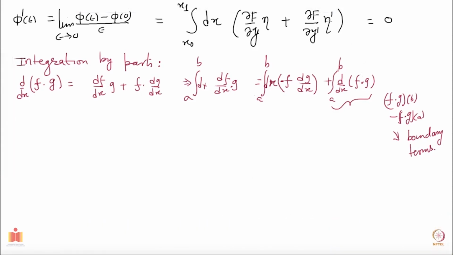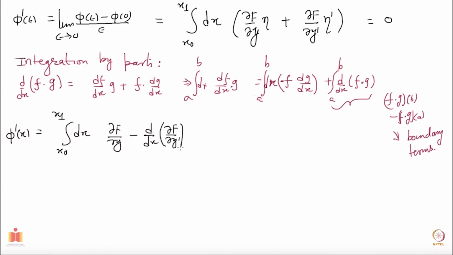So what I can do is I can put the derivative from eta to this one. So there will be a d over dx sitting on this, and eta will be freed up. And as you saw, there is a minus sign, so there will be a minus sign, and then there will be boundary terms. So let's see what we get. So your phi prime of x becomes the integral from x0 to x1 dx of delta f over delta y, and there is an eta which I will keep outside, and then you get a minus sign, and the derivative is sitting now on delta f over delta y prime.